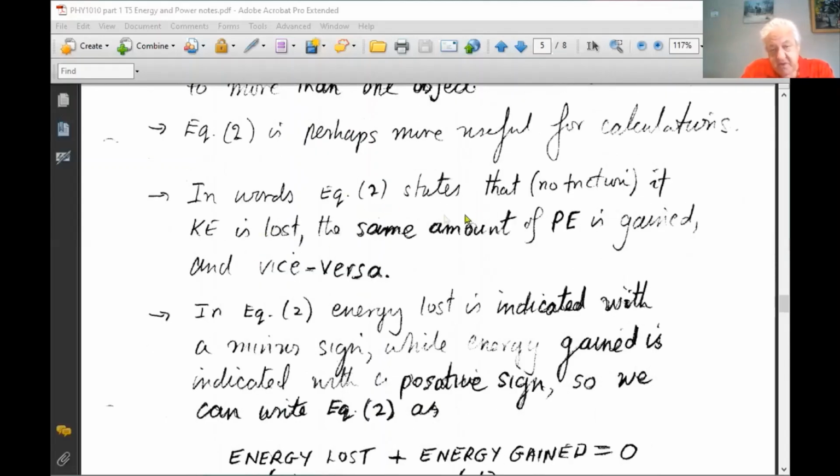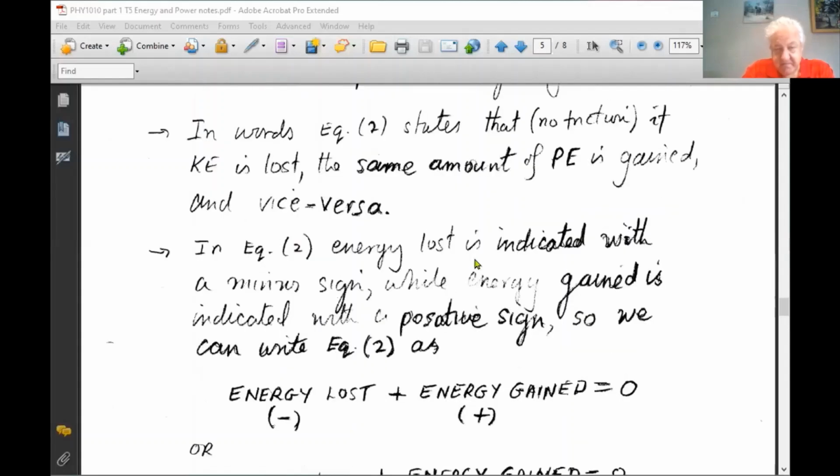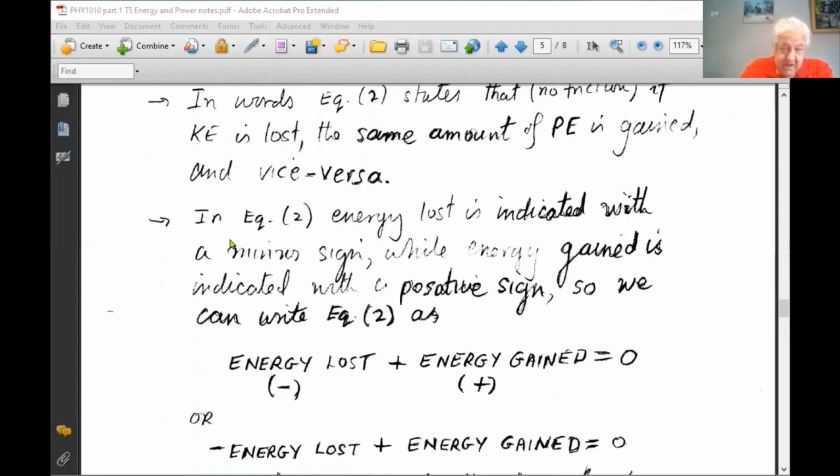In words, equation 2 states that, neglecting friction here, if kinetic energy is lost, the same amount of potential energy is gained, and vice versa. In equation 2, energy lost is indicated with a minus sign, while energy gained is indicated with a positive sign.